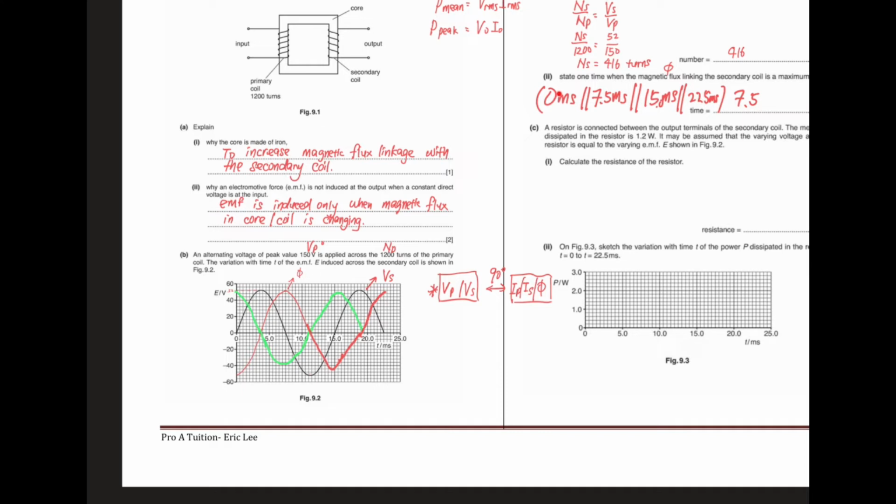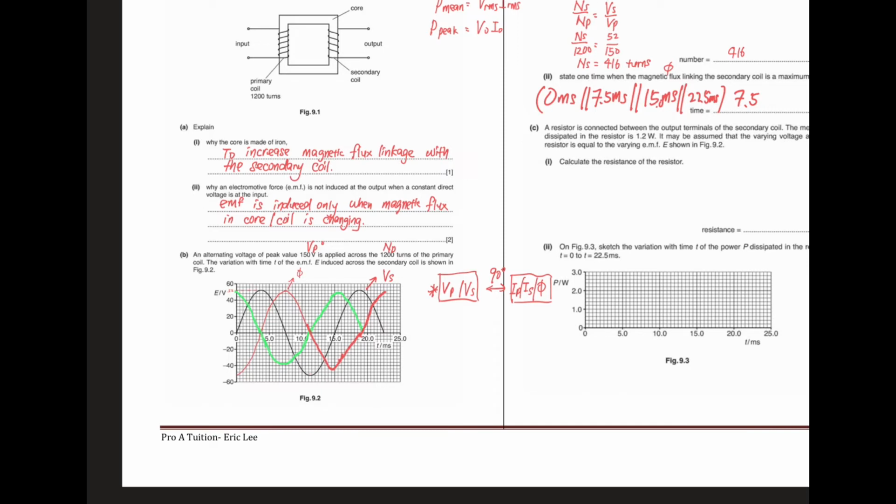So that's why there are quite many choices. If you follow the red graph, maximum is at 7.5, 22.5. If you follow the green graph, maximum is at 0 and 15. So they have a phase difference of 90 degrees from the black graph.